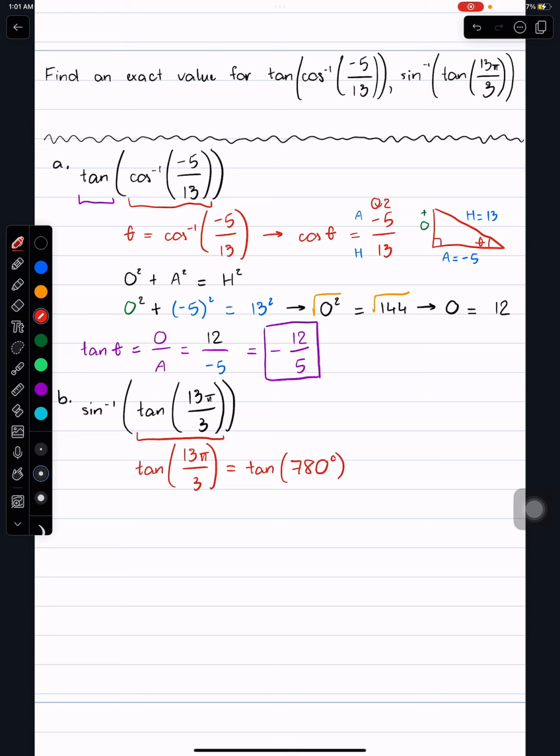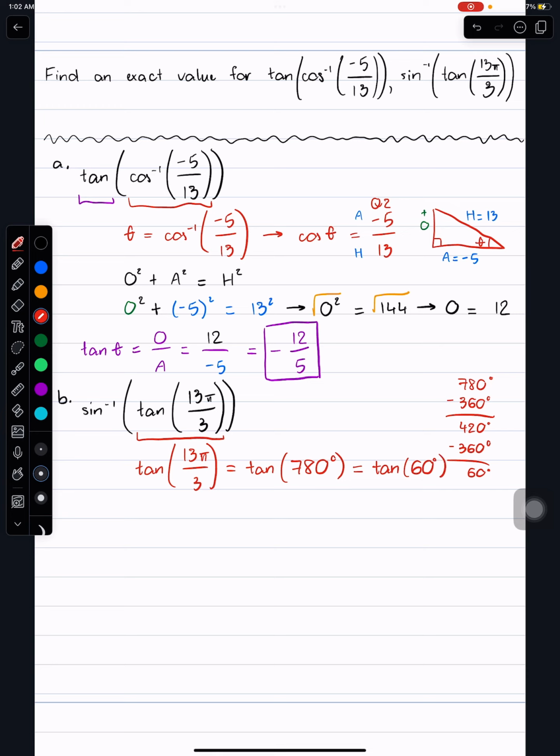If you keep subtracting 360 to get the angle smaller, on the same spot but through different circles, the first time it would get down to 420, but it's still bigger than one circle, so you have to keep doing it. If you subtract 360 again, you're going to get 60. So this one has the same tangent value as 60 degrees.